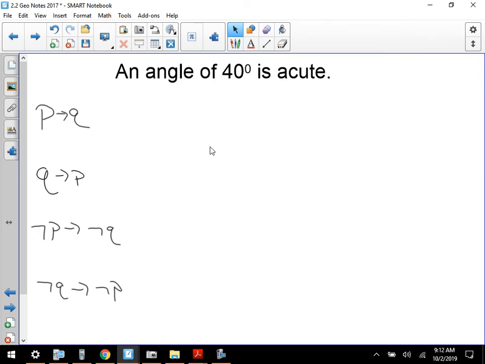It's giving you a generic statement: an angle of 40 degrees is a cube. I'd like you to go through and turn that into the P and Q, and then go through the rest of them. Remember, anytime you're doing these, always state whether or not they are true or false. And if it is false, what you always have to provide.